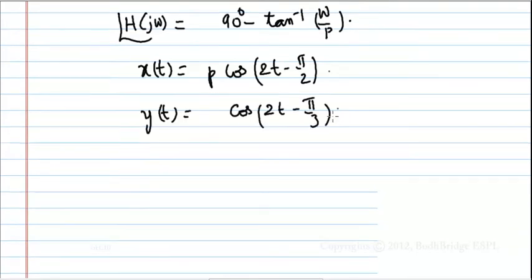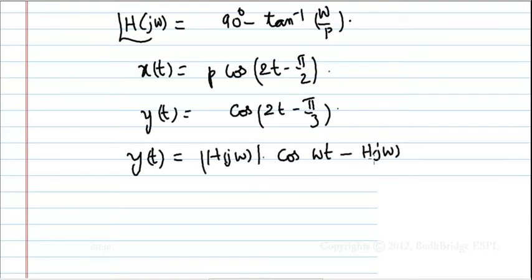Now we know the fact that if the input is sinusoidal, the output is also sinusoidal, but with a different amplitude and phase. That is, the amplitude will get multiplied by the amplitude of the transfer function and the phase will be modified by the phase of the transfer function.